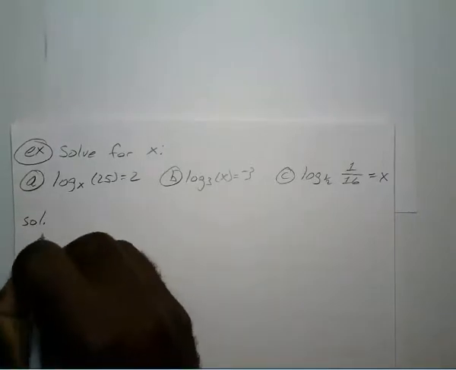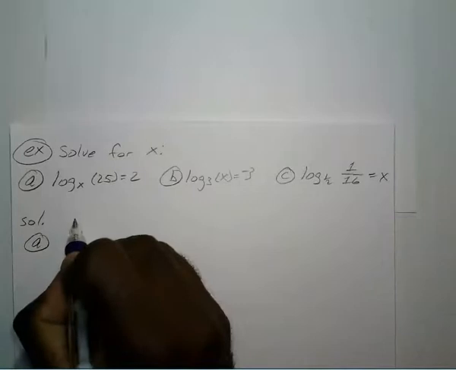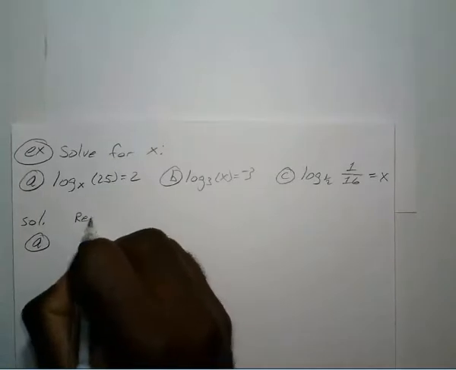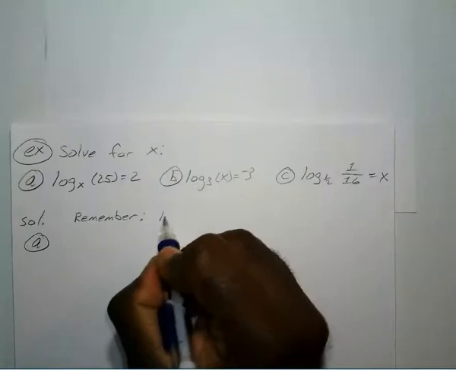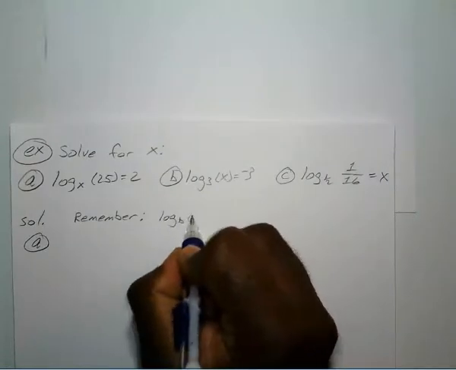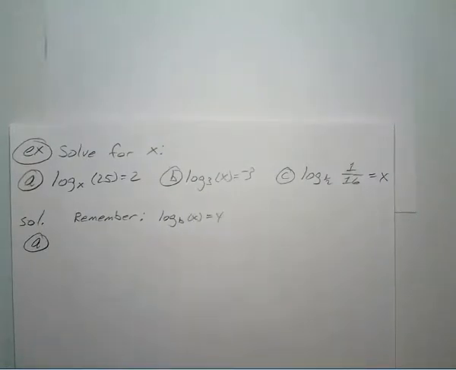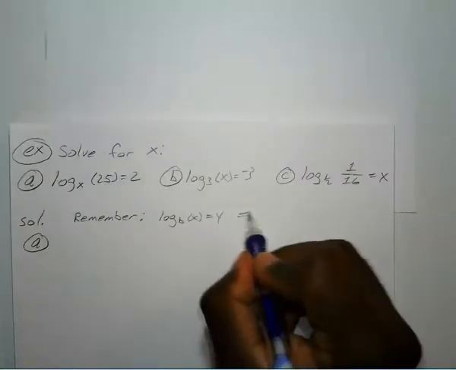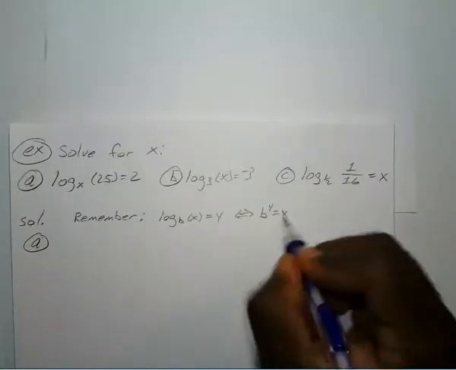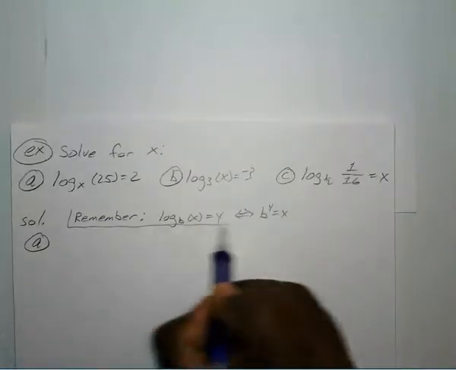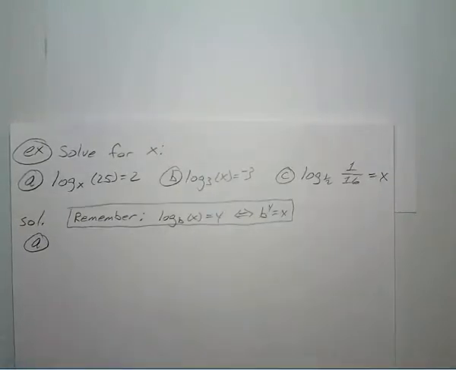So let's look at problem A. But you want to remember, log base b of x equals y is the exact same thing as b to the power of y equals x. Okay, so we're going to use that to solve these.